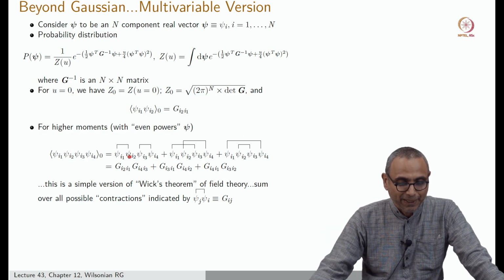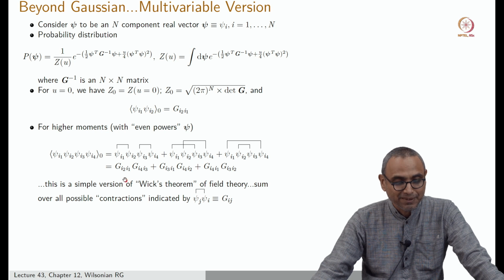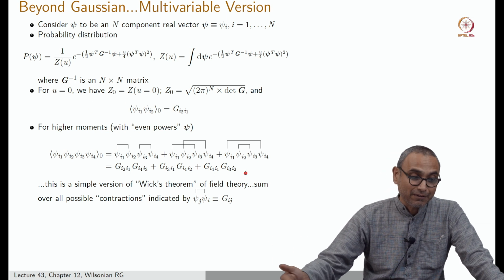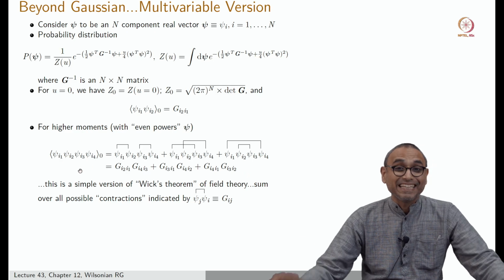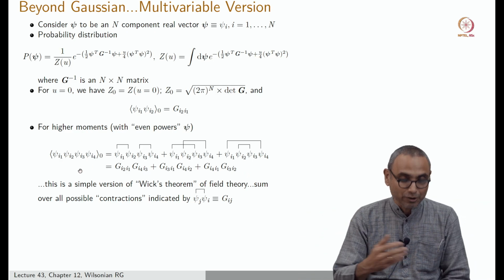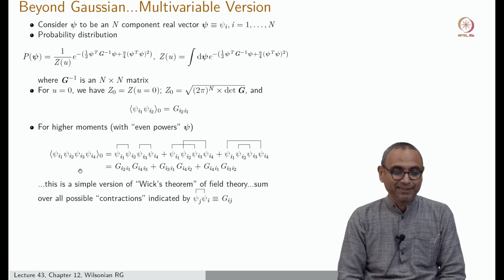I1 can be paired with I2, then the other two are automatically paired. I1 is paired with I3 and these 2 are automatically paired. I1 is paired with I4 and these are automatically paired. Whenever you see a pairing, you replace it by this G term, which is the expectation value on the Gaussian, and that gives the expectation value of this object in the Gaussian ensemble, meaning in the Gaussian probability distribution.